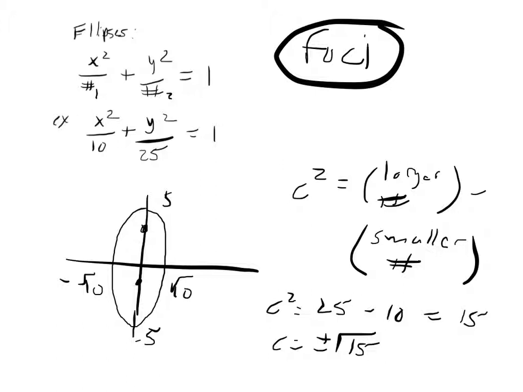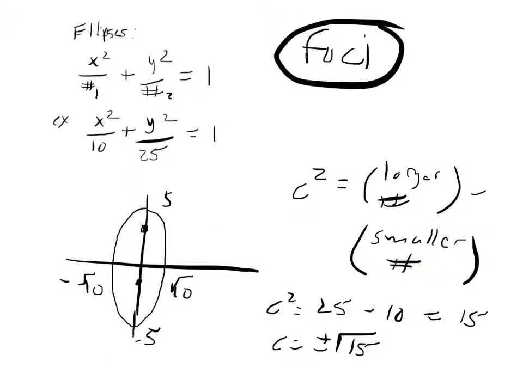To get the coordinates of the two focal points, you looked at the numbers in the denominators and subtracted in the only way that makes sense. If you subtract 10 minus 25, you get a negative number. My value associated with the focus is the square root of the difference of those two numbers.